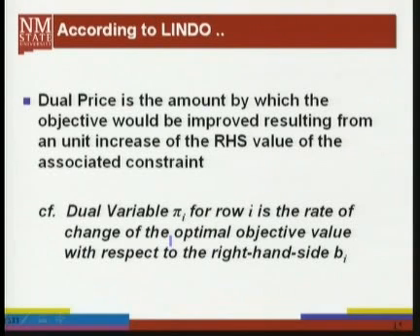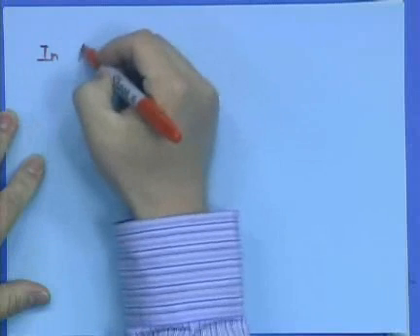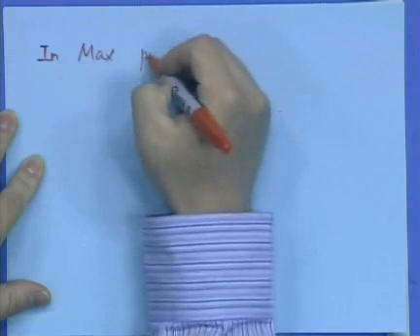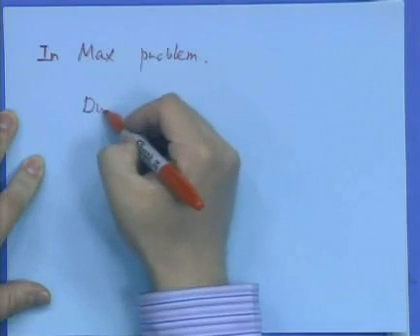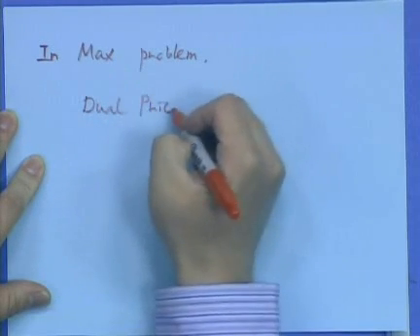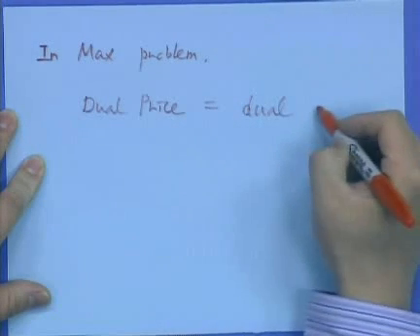So, in a maximization problem, the dual price is the dual variable.